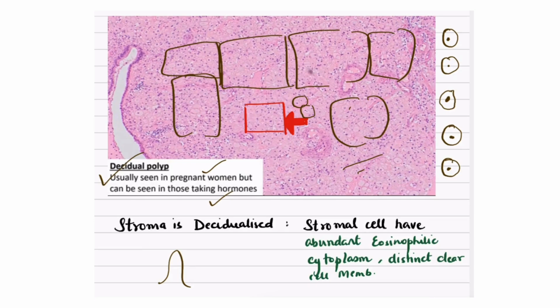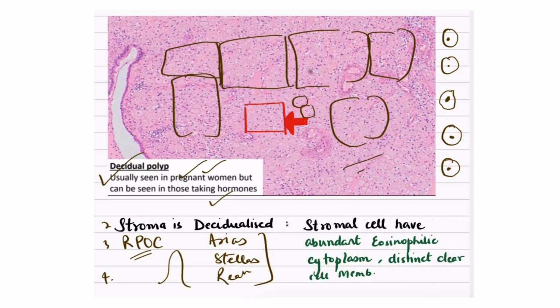Second, pregnancy. Third, Arias Stella's reaction, all that. Old pregnancy, retained pregnancy, anything. But just use the term pregnancy so that you are safe medico legally.